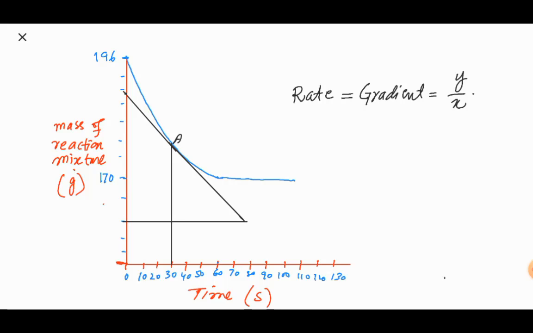So at a specific time, for example at 30 seconds, if we need to measure the rate of reaction, we have to draw a line with the scale which will just touch the graph at point A, then draw a tangent and make a large triangle, and from this triangle you can find out the gradient of the graph, which will be y over x, and that will actually be the rate of the reaction.